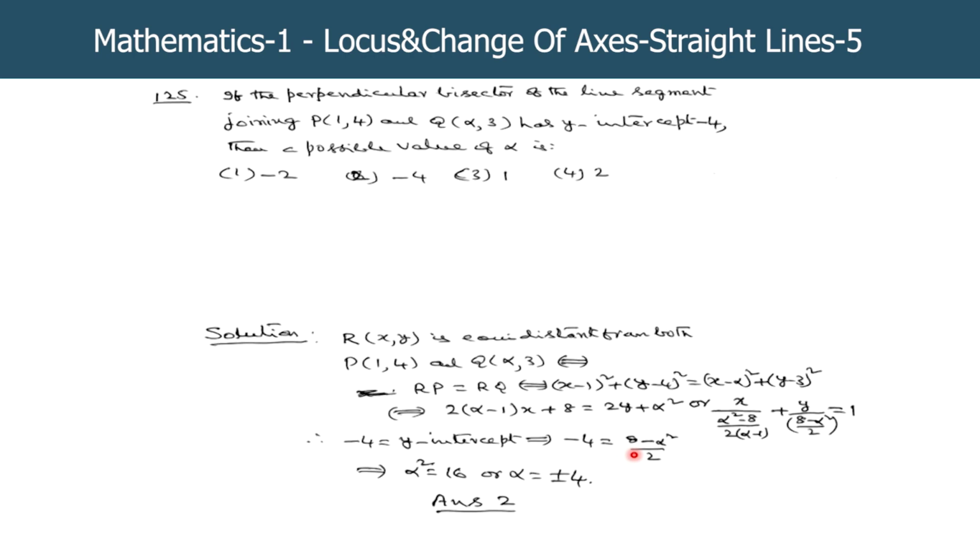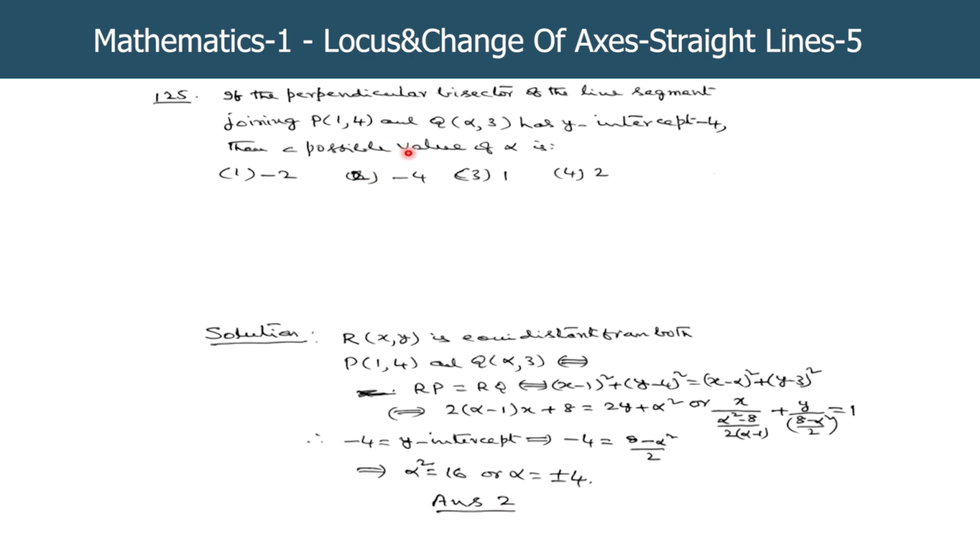In the intercept form, the y-intercept is 8 minus alpha square by 2, which is equal to minus 4. Therefore, alpha square is equal to 16, or alpha is equal to plus or minus 4.